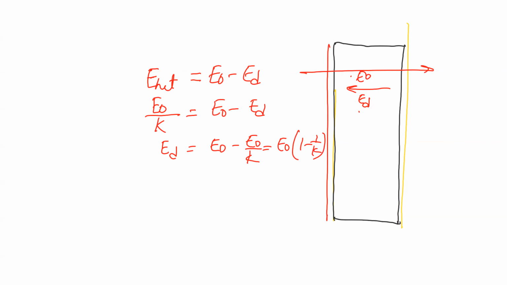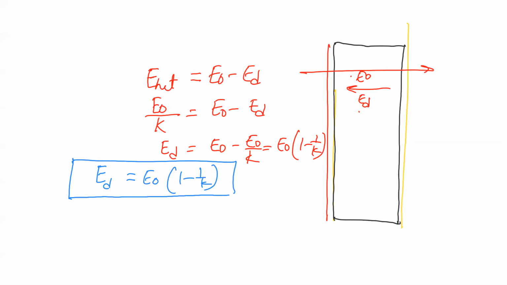So we have the formula. Dielectric will create a field in the opposite direction to the capacitor plate field, and this will be the magnitude of it. Now, other than the field, suppose sigma is asked, sigma of dielectric.